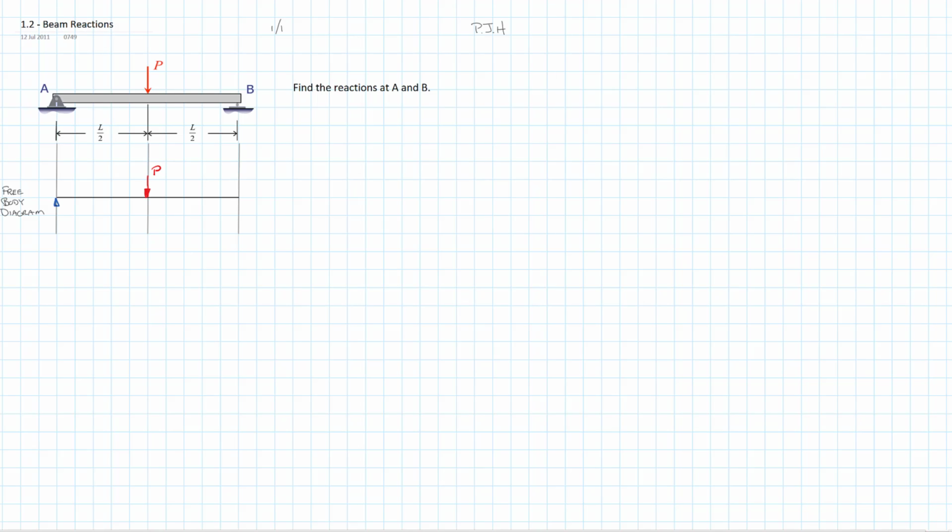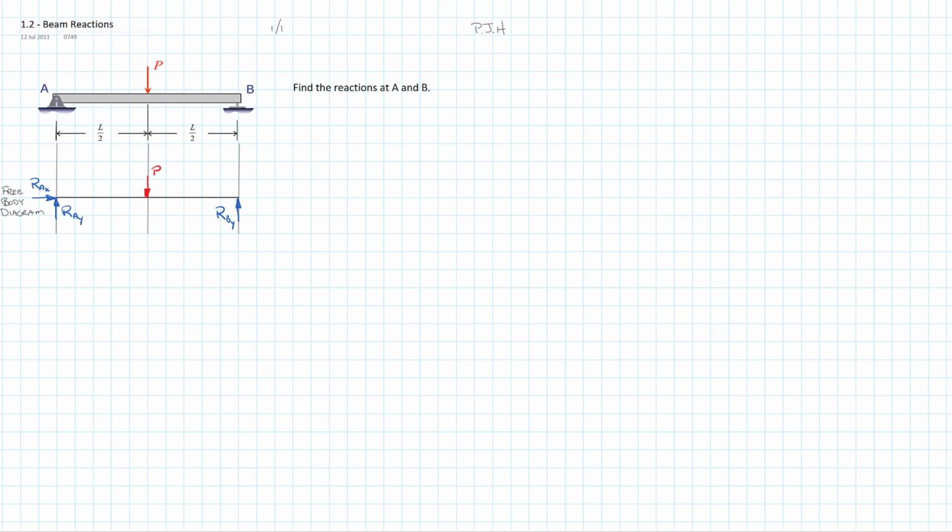So we'll do our reaction at A in the Y direction, reaction at A in the X direction, and our reaction at B in the Y direction, only one because that's a roller, so it doesn't have a horizontal component of resistance.